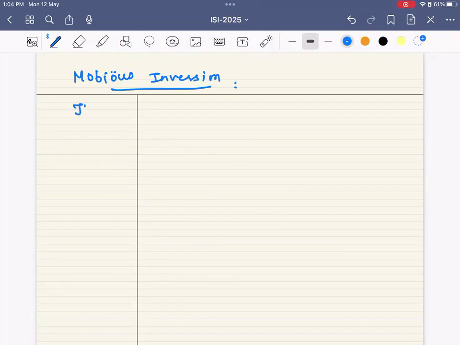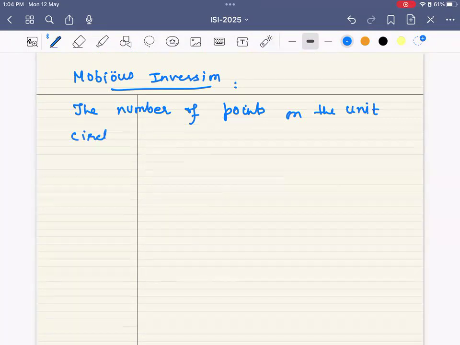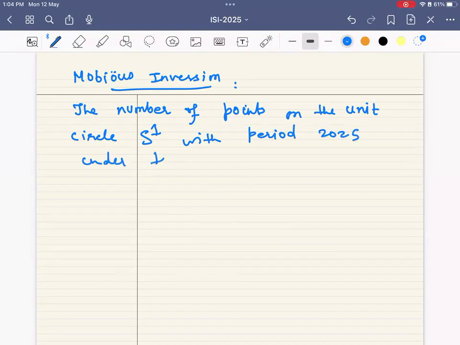So I'm going to say that the number of points, I'm using a little bit of group theory here. Points on the unit circle S1 with period 2025, and under the map f of z equals z squared, is given by the Mobius inversion formula.